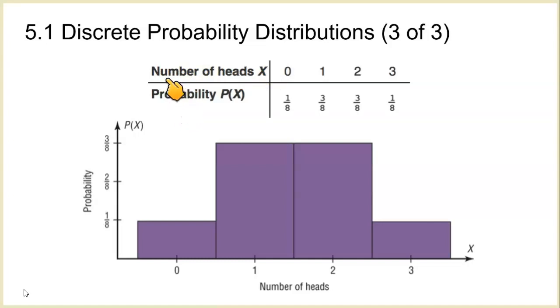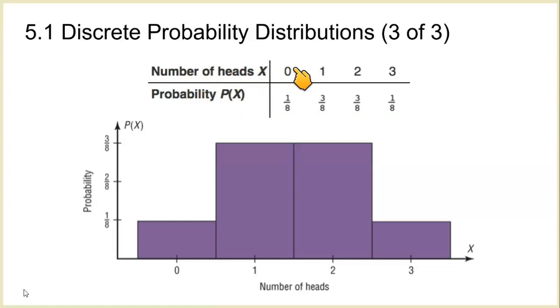In this particular table, the top row of the table represents our event X. And so in this case, the event has 4 possible outcomes, which is the number of heads. So it could be no heads, 1 head, 2 heads, or 3 heads. And the lower row of the table, which customarily is the dependent variable, or Y, doesn't represent that here. It represents the probability of these outcomes.